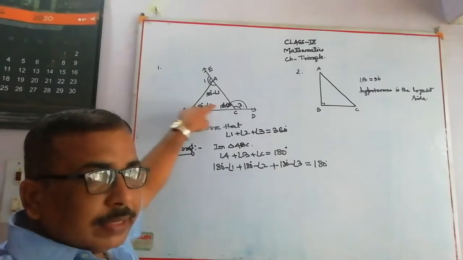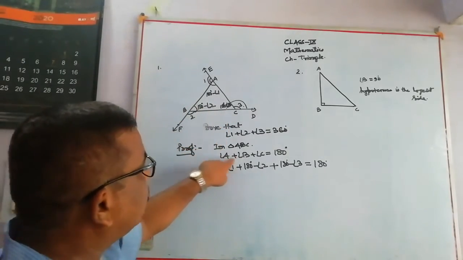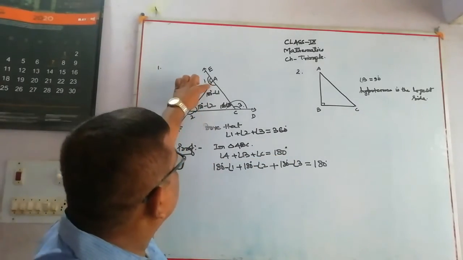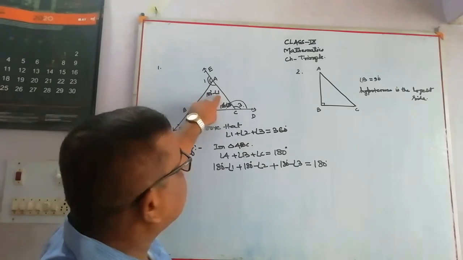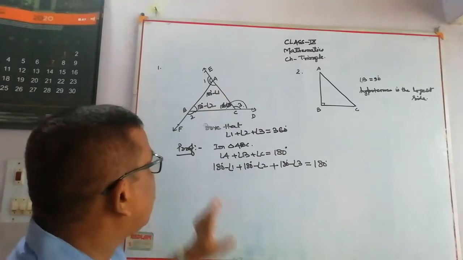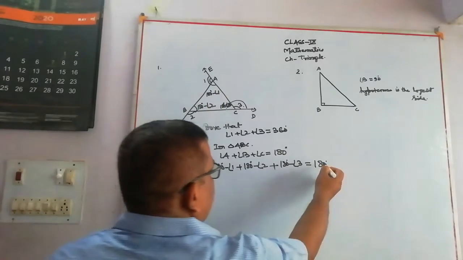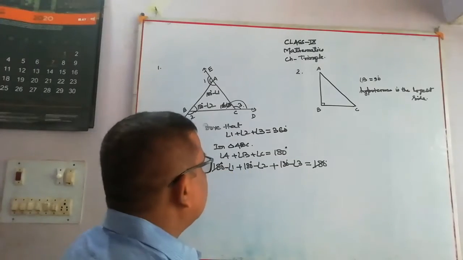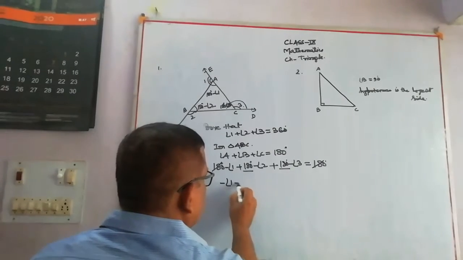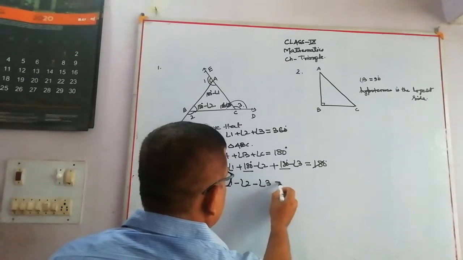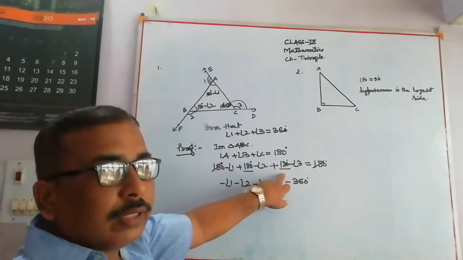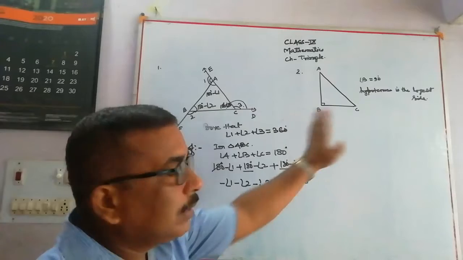Firstly, in triangle ABC, you know that angle A plus B plus C is equal to 180 degree. That is the property of triangle. Angle A is 180 degree minus angle 1 using linear pair. So 180 plus 180 plus 180 minus angle 1 minus angle 2 minus angle 3 is equal to 180. It gives 540 minus 180, that is 360 degree, with the sign changed into minus.